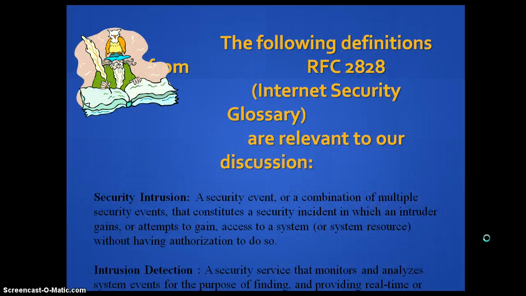We have what we call the security intrusion and the intrusion detection. This is the service offered to monitor and analyze the system events. We will see with each other how the intrusion detection works through different techniques.